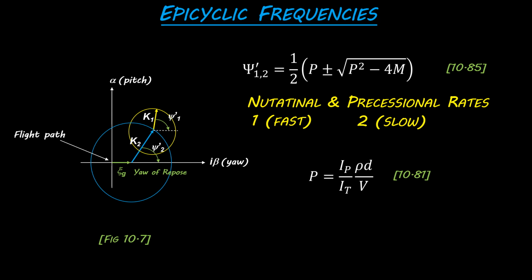Now, how do we define these P's and M's? So P is given here in equation 10.81, which has to do with the polar moment divided by our transverse moment, multiplied by our density times our diameter divided by the velocity.